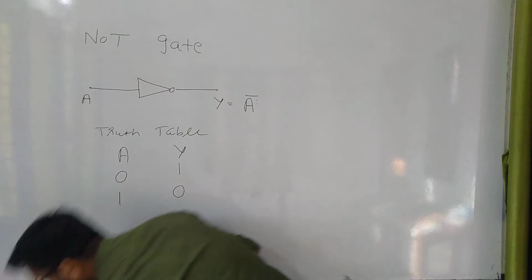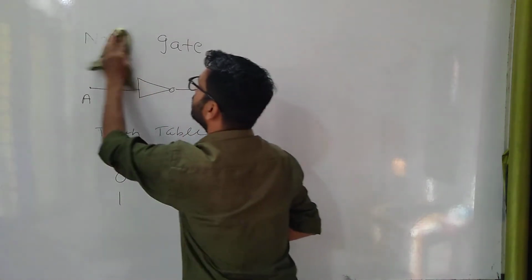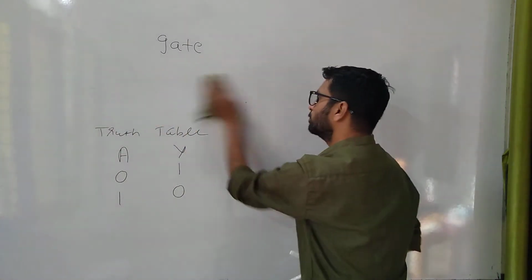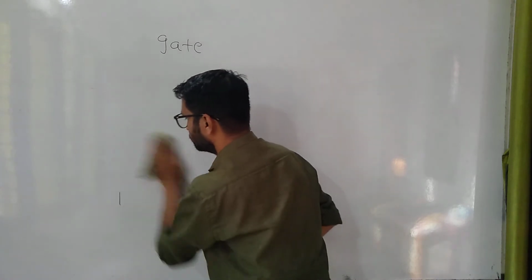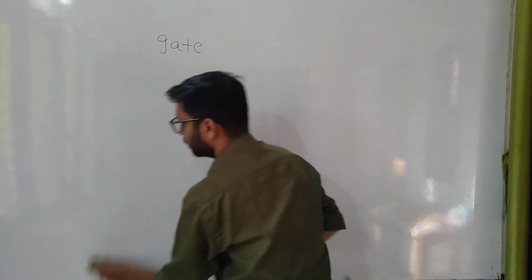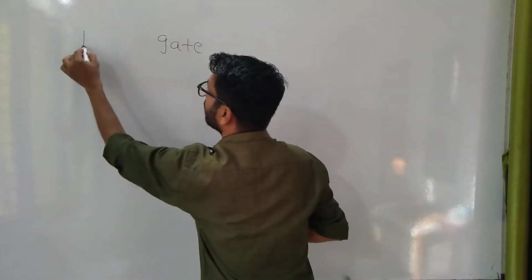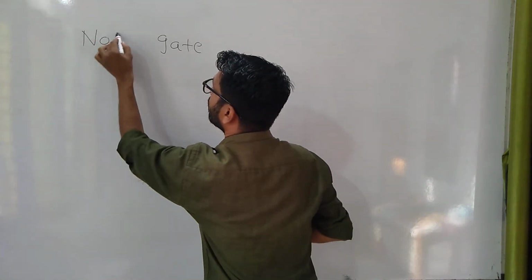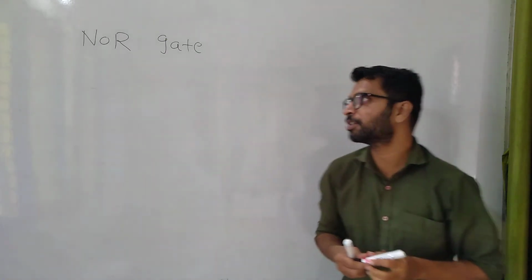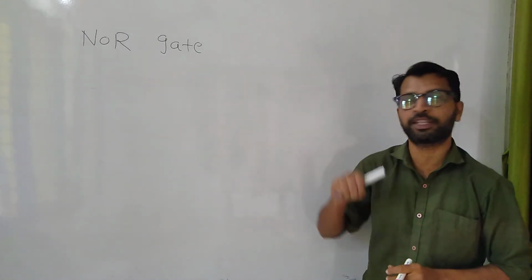Now after that, we will learn the NOR gate. The NOR gate is a combination of an OR gate plus a NOT gate.